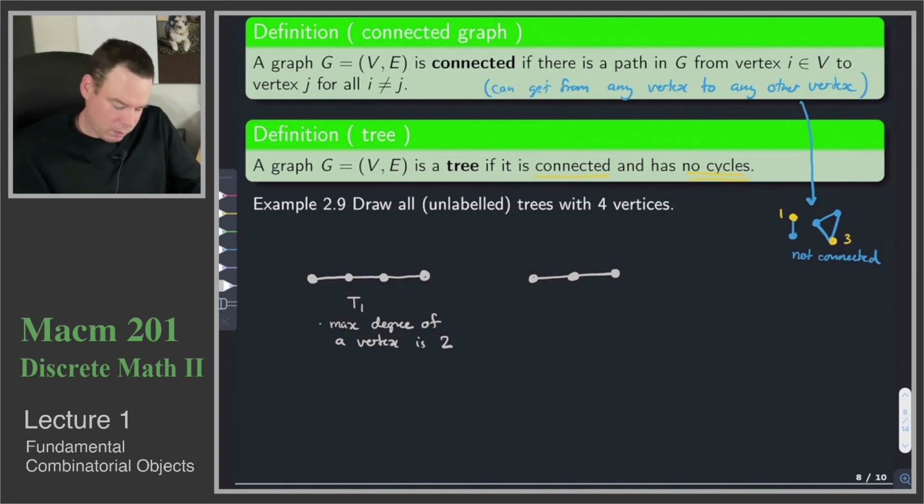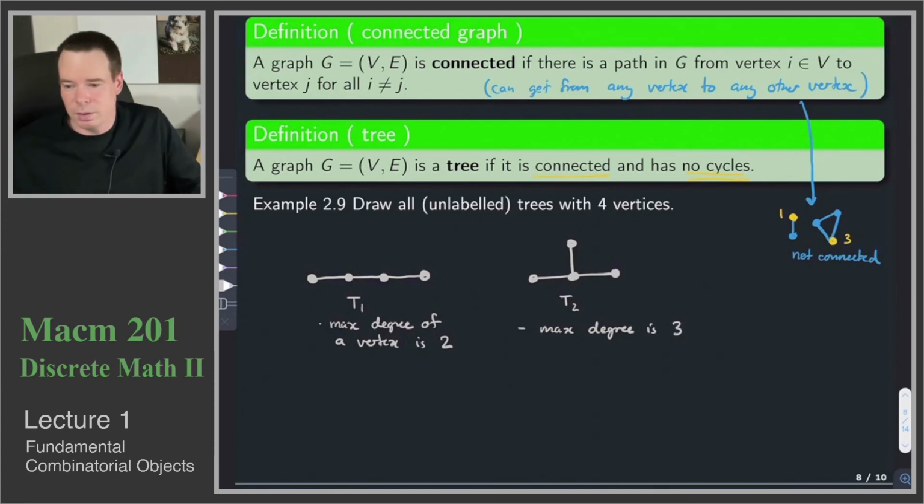So where could I add this new vertex? Well, maybe I'll put it up here. And now I need to connect it with an edge back to the path structure on those 3 vertices. I won't connect it to either end because it'll give me back tree 1, so I'll connect it to the middle one. And that gives me a new tree, tree 2. And here the max degree is 3.